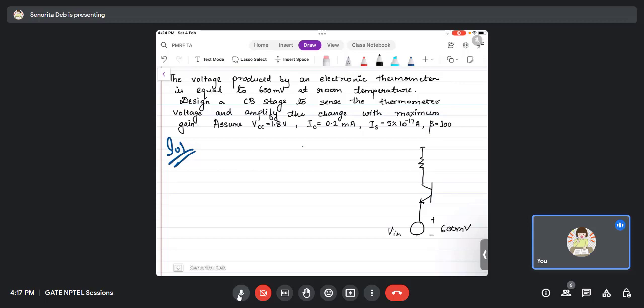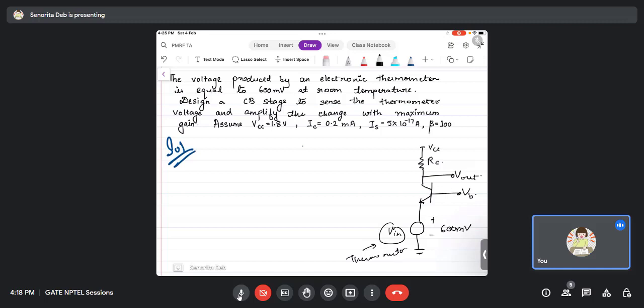So this V is what is coming from the thermometer, okay? And here is VB, Vout, okay? So this is your overall circuit.